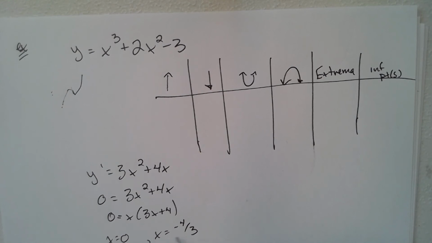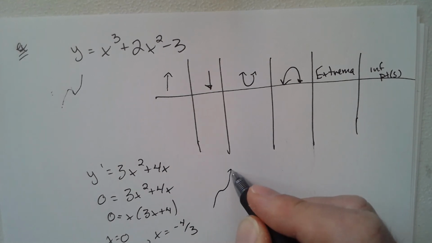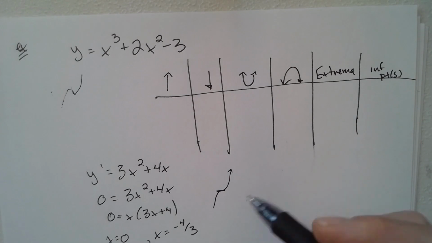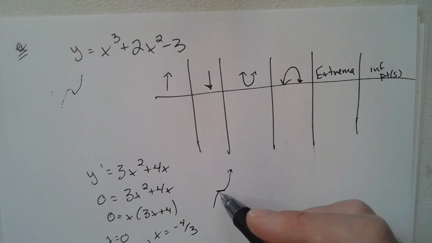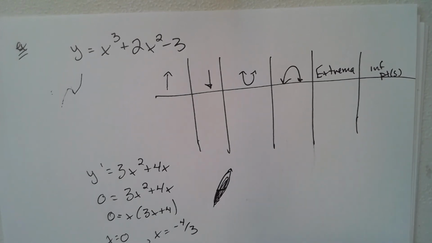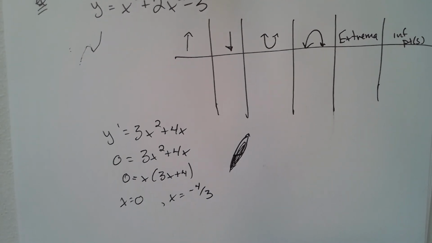They're probably going to produce mins and maxes. Remember, just because the first derivative is 0 doesn't mean it has a min or a max. It could be right here, and it wouldn't be a min or a max in that scenario. But most times, it's going to produce a min or a max.